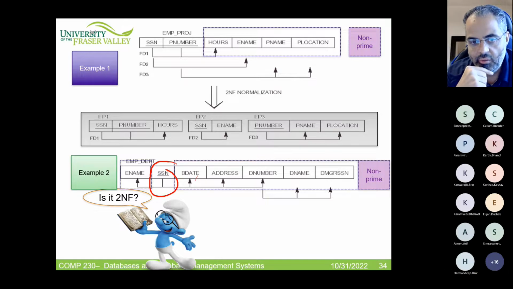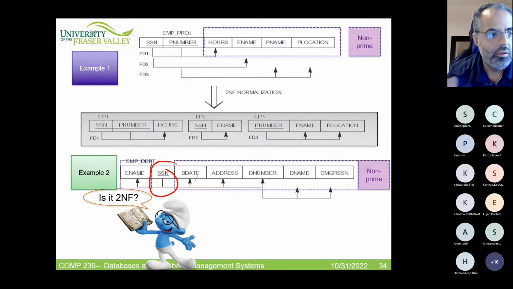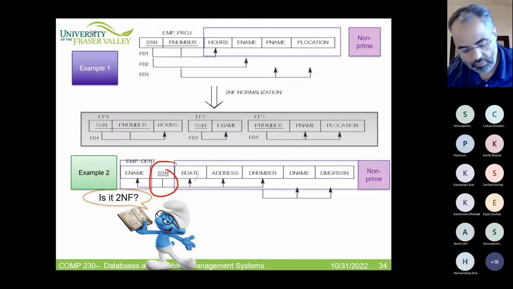Yeah, so in this case there is no more than one attribute in the primary key to violate this, because there is no part of it to be dependent on.